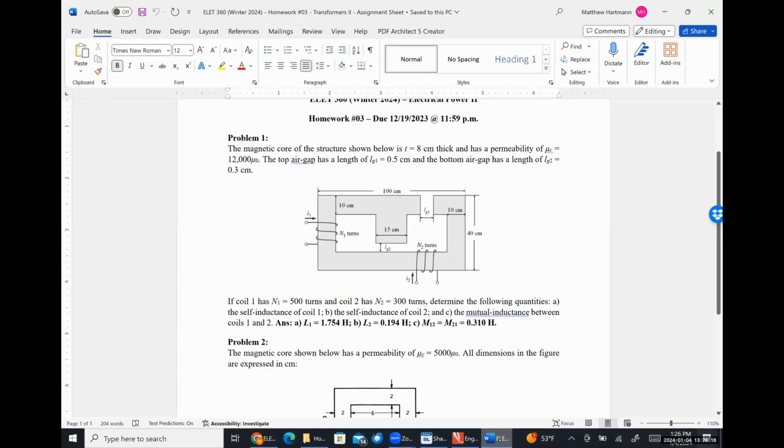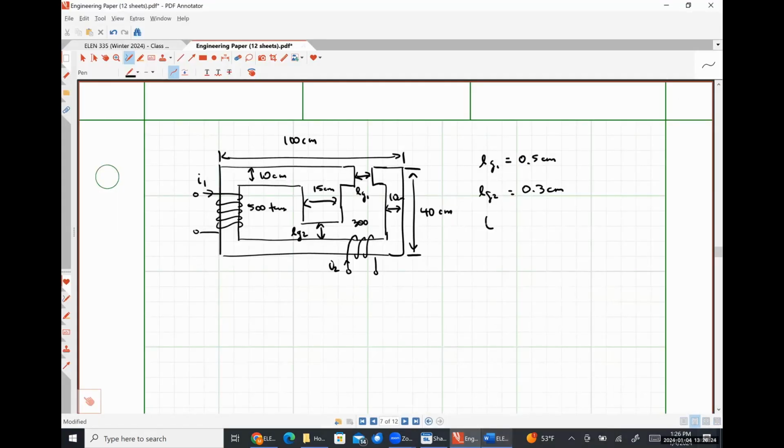Our thickness is 8 centimeters. And our core permeability is 12,000 mu naught.